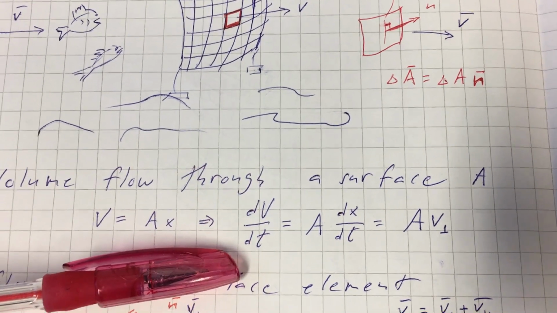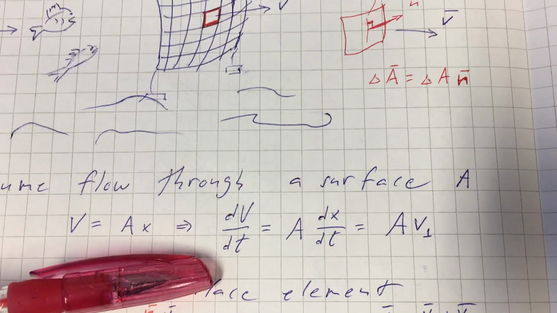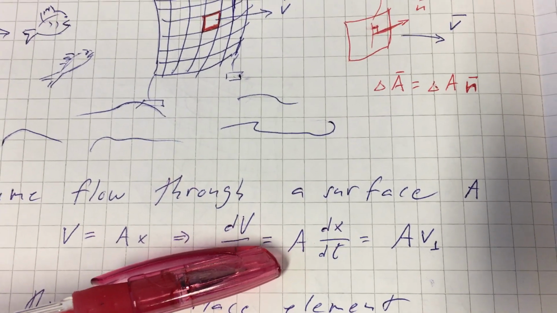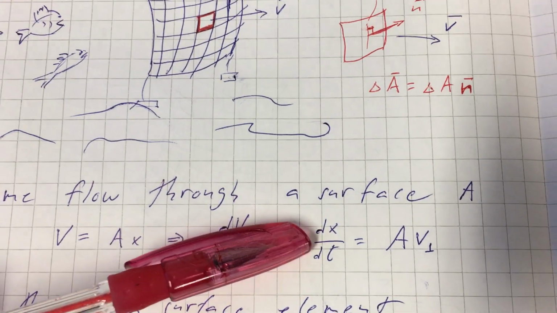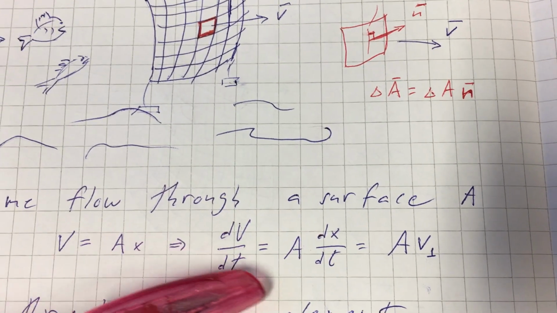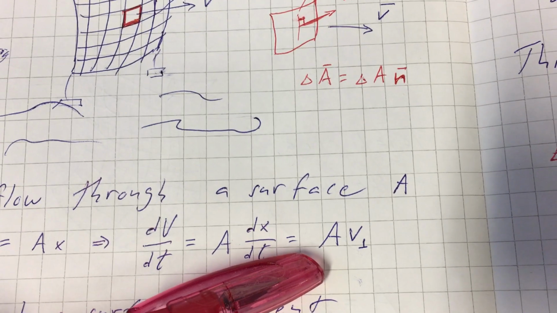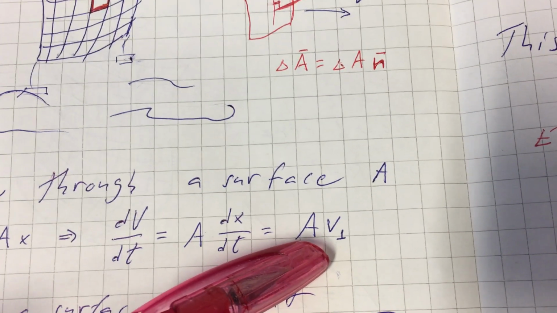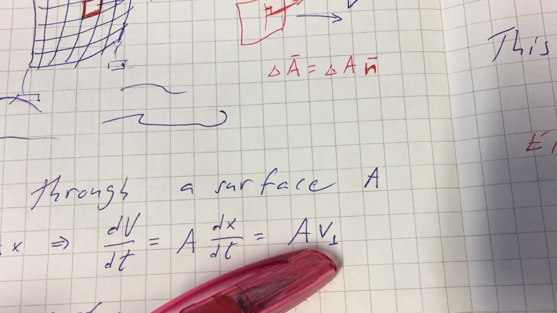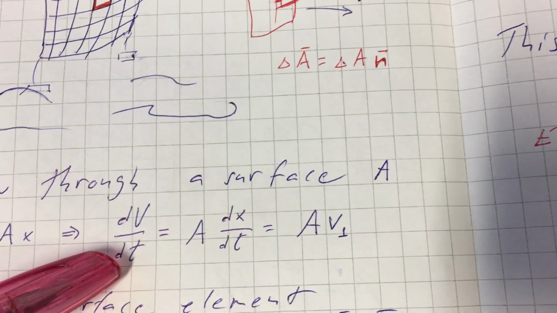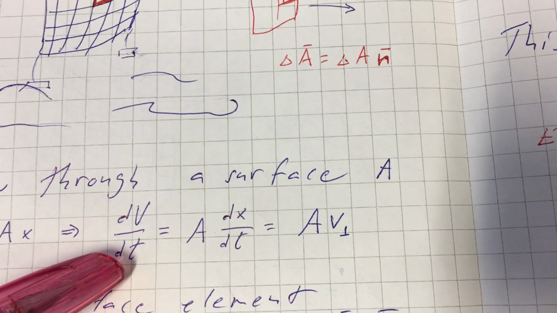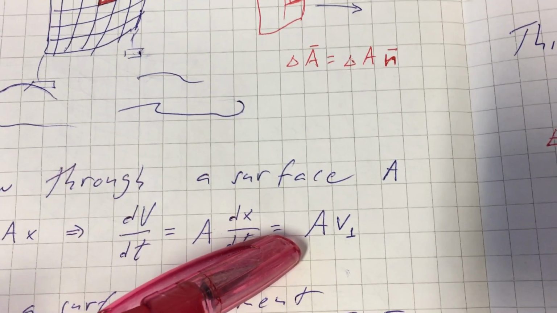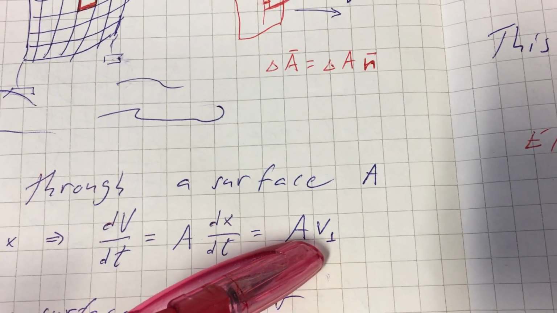So the amount of volume in a certain time interval is just this area element times the rate of change of position, and that is actually area times the velocity in the direction perpendicular to the surface. So we can say the volume flow through a small area, or any area, is area times velocity.